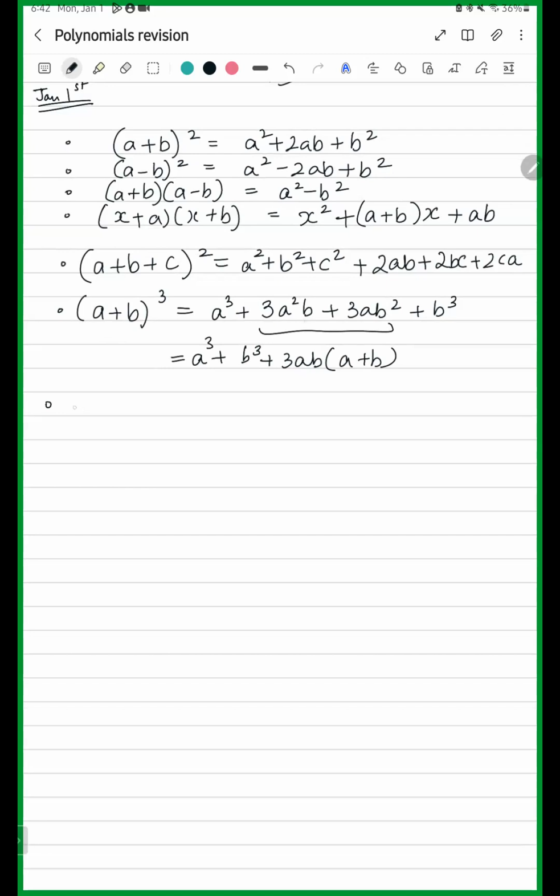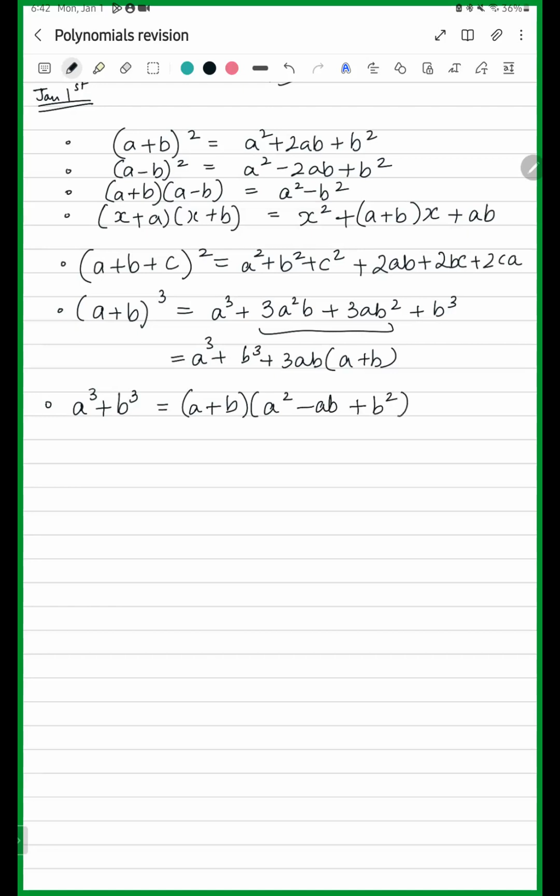a cube plus b cube. This one we had derived also. This becomes (a + b) into (a square minus ab plus b square).